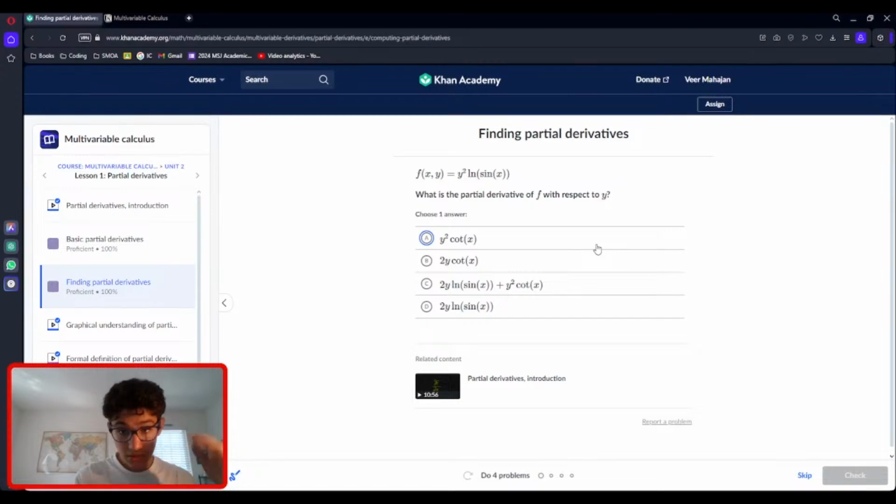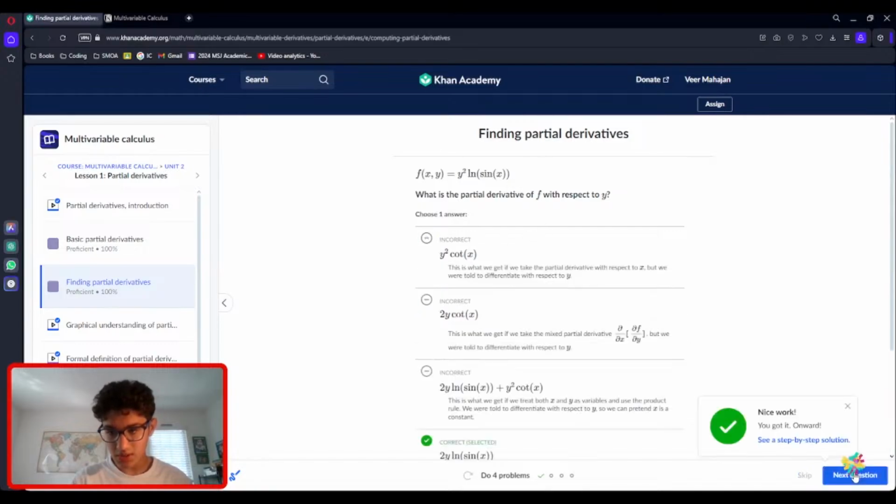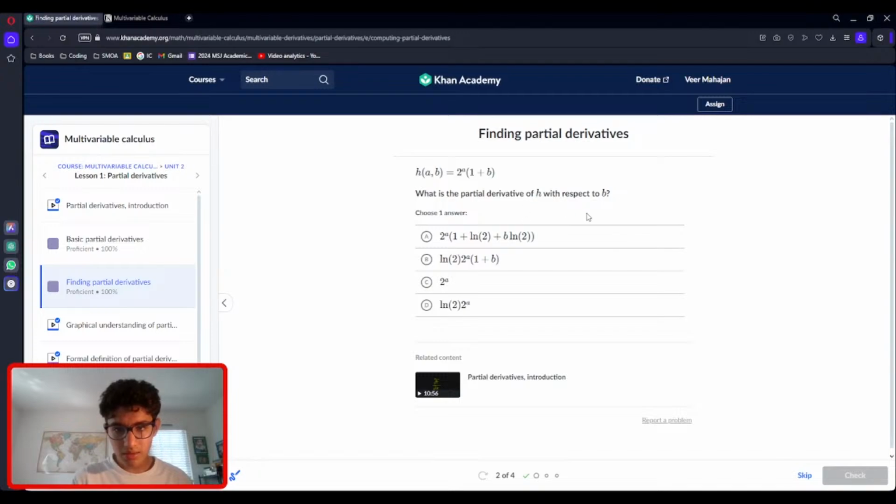This one, what is the partial derivative with respect to y? Natural log of sine of x is just one thing, so it'll just be 2y natural log of sine of x. That's just a constant. It's a partial derivative of h with respect to b. So 2 to the a, we can ignore that. We just get 2 to the a times b, which means 2 to the a.